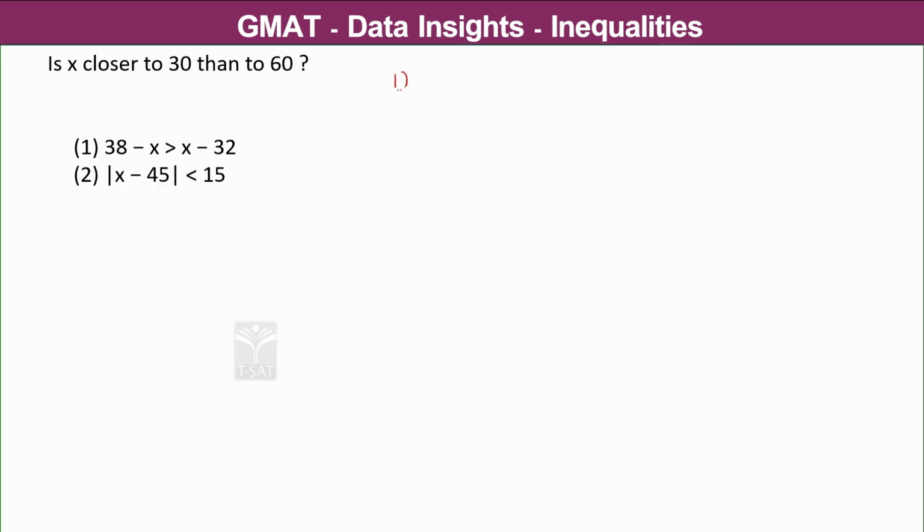The first statement tells us that 38 minus x is greater than x minus 32. 38 plus 32 is greater than 2x, which means that 2x is less than 38 plus 32, which is 70. So, x is less than 35.